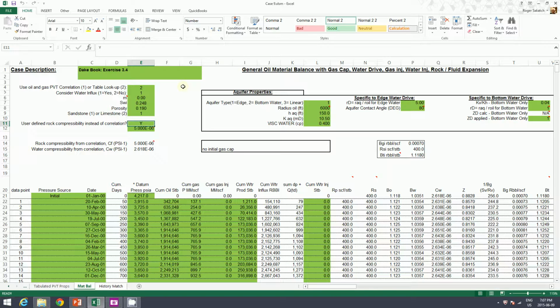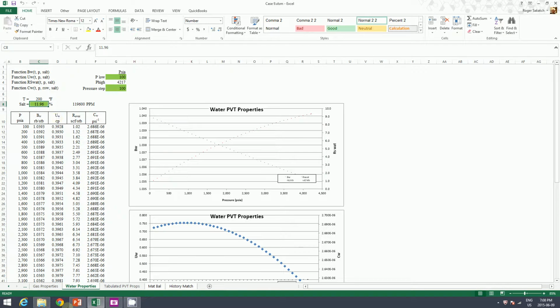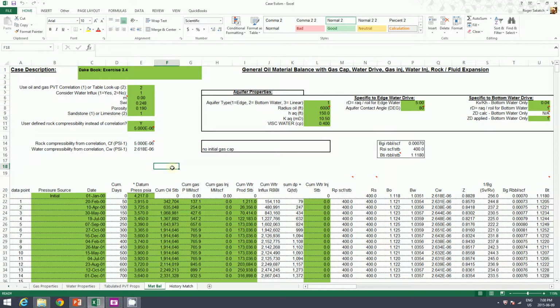So I've typed in yes here, and I've typed in the rock compressibility that we want to use, which in this case is 5 times 10 to the minus 6 per psi. And that forces that same number to pop up here. And this water compressibility value is being read directly from the water PVT properties tab that we see over here. Okay, so that's coming directly from those inputs.